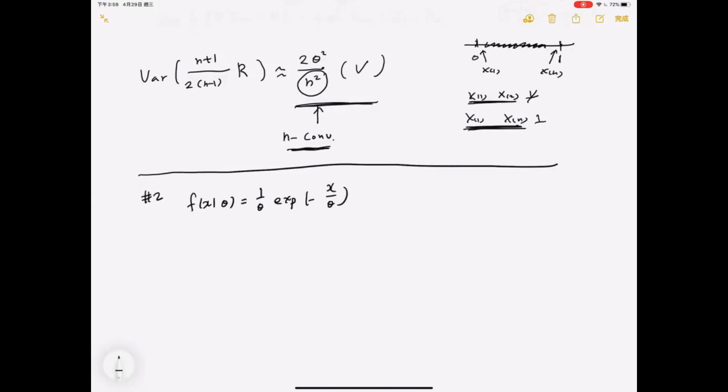If I have a PDF of the survival function, exponential, then I'm trying to estimate some quantity which is a transformation from the original PDF. Then you possibly know which method I'm trying to test you on.